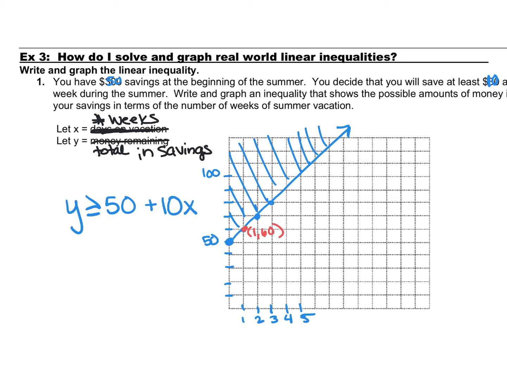But I could have more than that. If I put in more, after 1 week I could have $100 in savings, and so forth. So any of these solutions that you find in that shaded area could be the amount that you could have after that initial $50 that you put in.